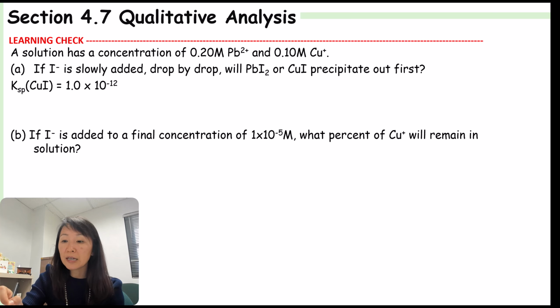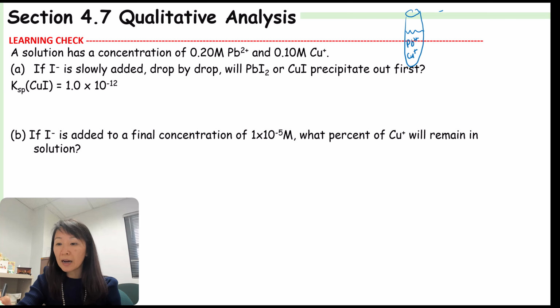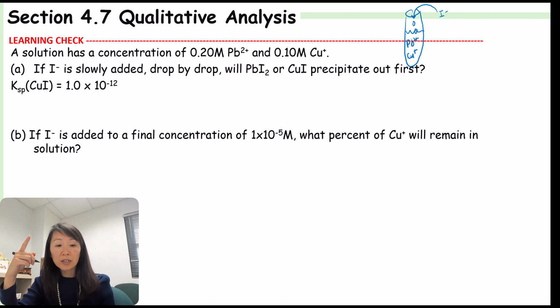If I were to draw this out, I'm going to have a test tube with lead and copper, and I'm going to be adding iodide drop by drop, very slowly. The question here is, if iodide is slowly added drop by drop, will lead(II) iodide or copper(I) iodide precipitate out first? So which one's going to come into solid?